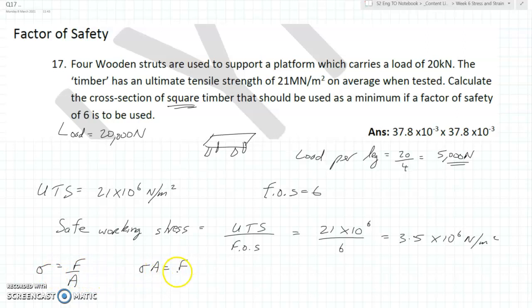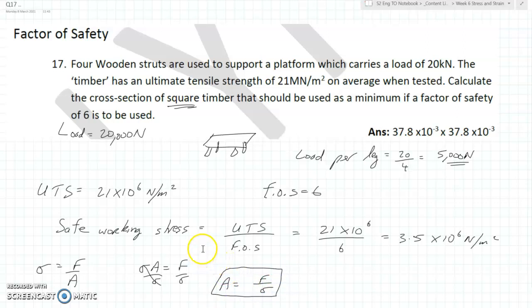We want to get A on its own, so divide both sides by sigma, and they'll cancel, and we're left with A equals F divided by sigma. So that we can get the area.